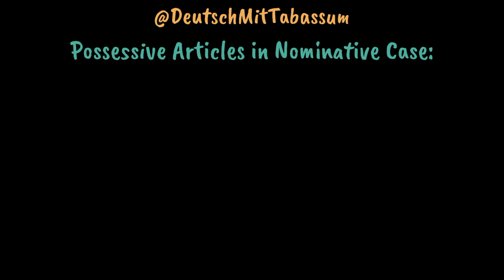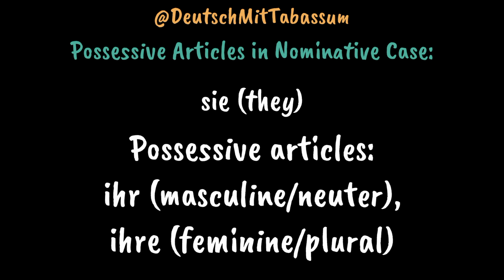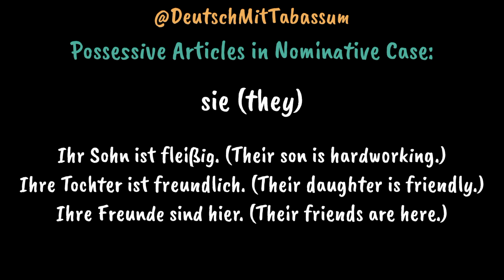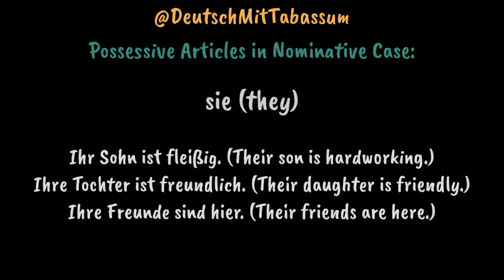The next we have is sie, which is the last one, which is they, third person. The possessive articles are ihr for masculine and neuter and ihre for feminine and plural. The examples are ihr Sohn ist fleißig, ihre Tochter ist freundlich, ihre Freunde sind hier.